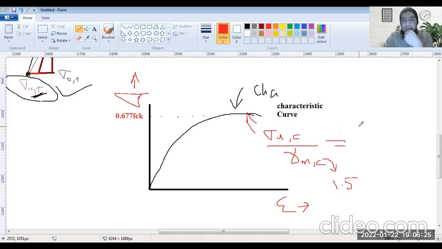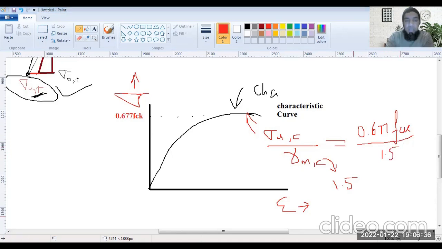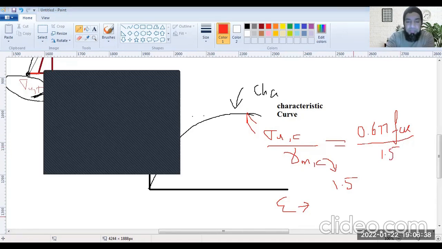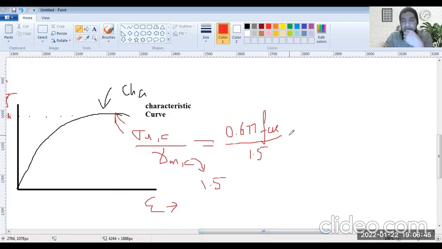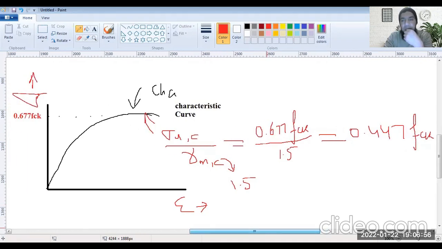So sigma UC is 0.677 FCK. If that is divided by 1.5, the value that you get is 0.45, but we usually get it as 0.447 FCK, somewhere near this range, 0.447 FCK.